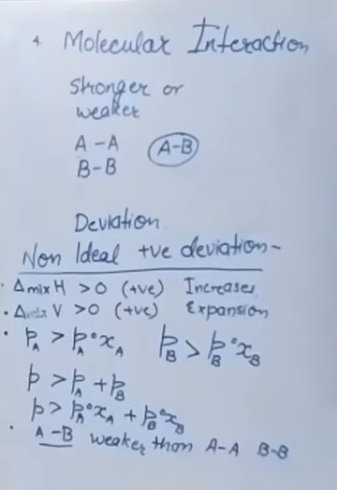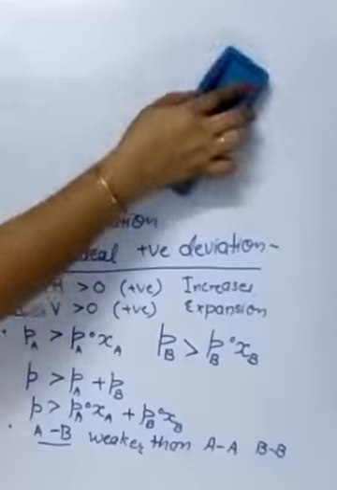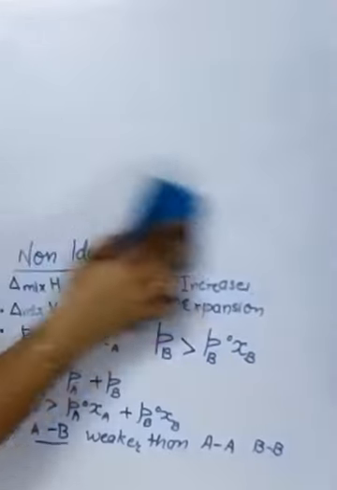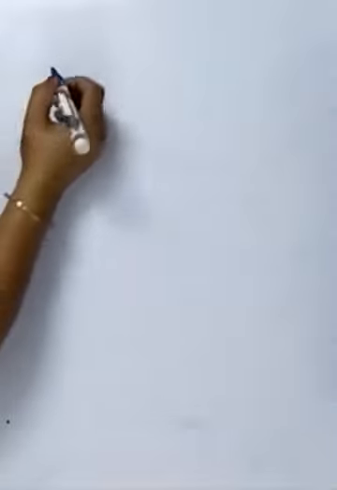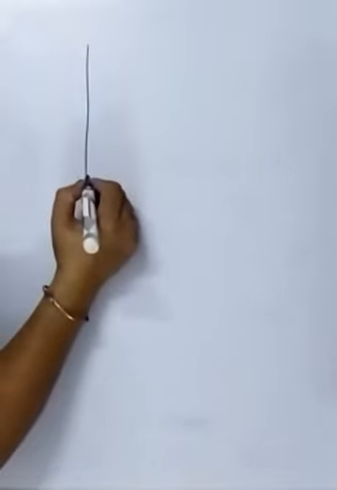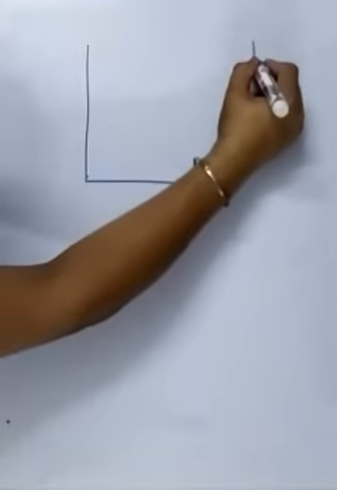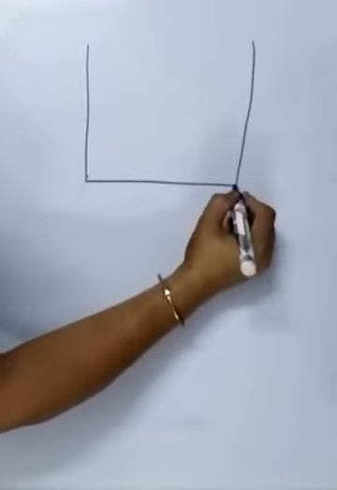So we'll see graphically now. For positive deviation, we had seen the graph for Raoult's law for a solution containing volatile liquids.